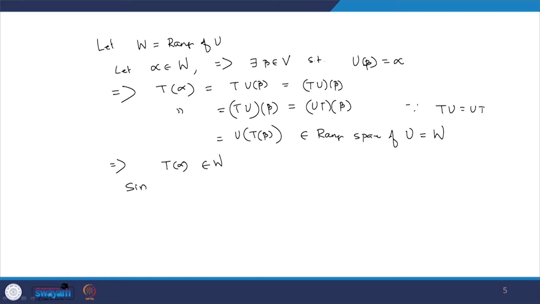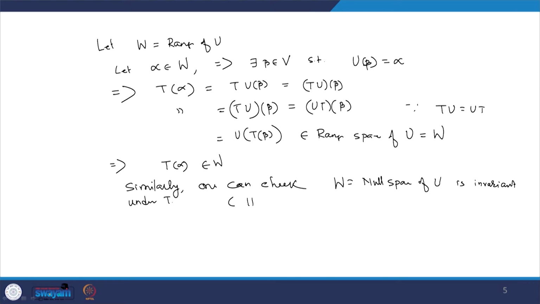Similarly, one can check that the null space of U is invariant under T. This I am giving as homework.